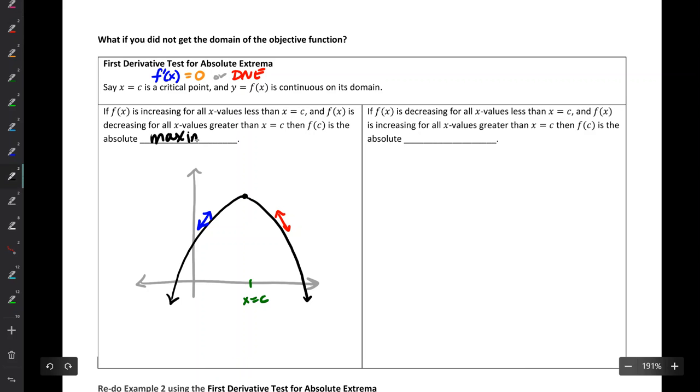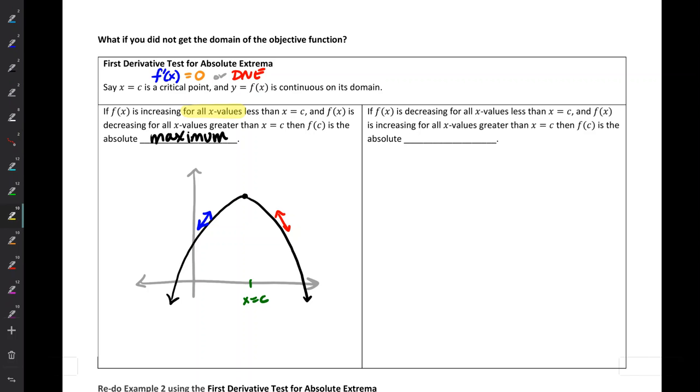Now, you might be saying, how is this different than the other one? It's that language for all. For all x values less than c and for all x values greater than c. So, in other words, my function is always increasing.